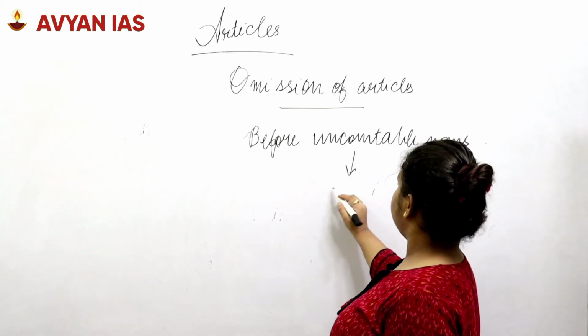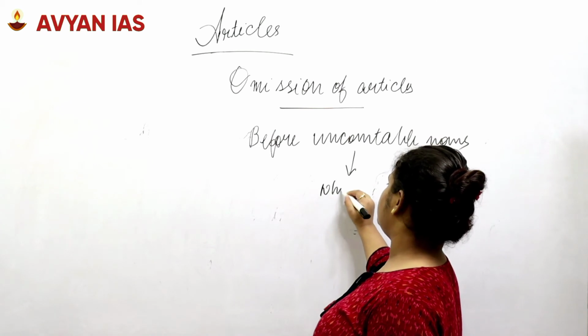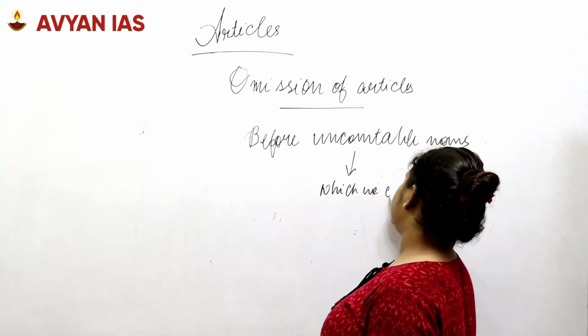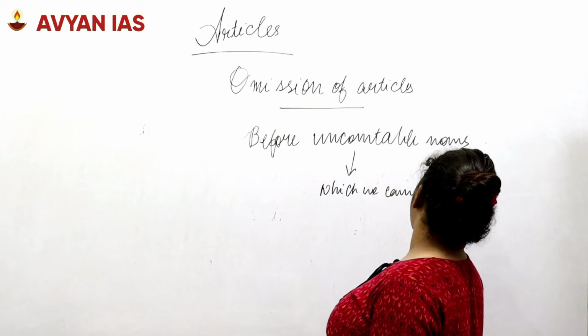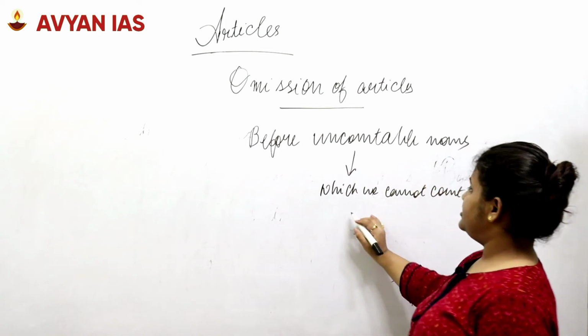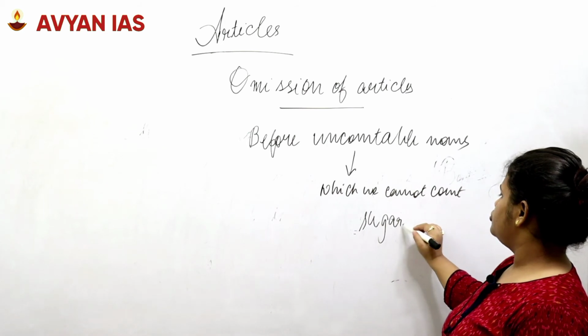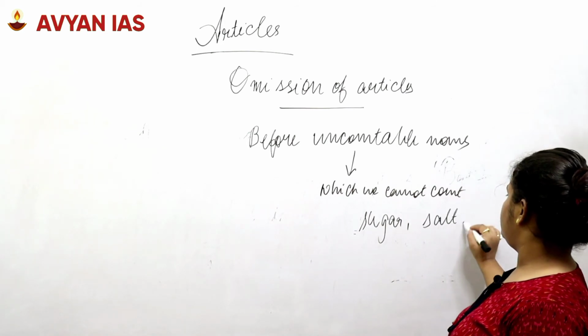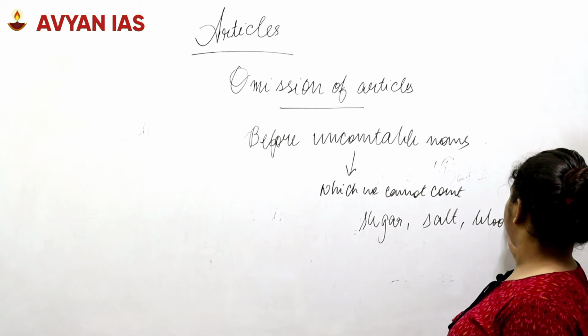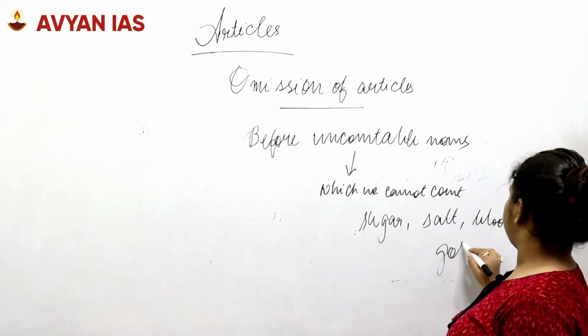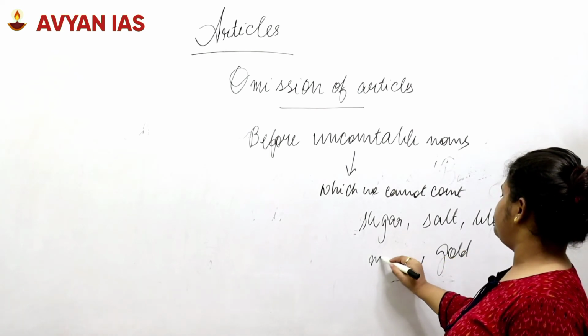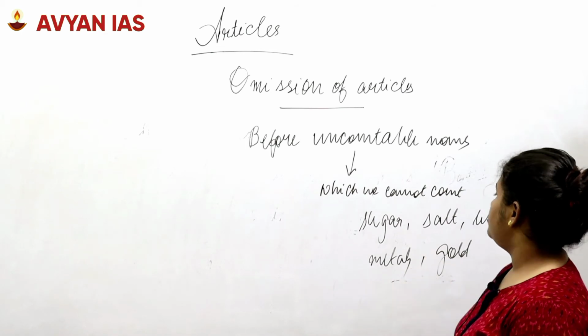Uncountable nouns are the ones which we cannot count. For example, sugar, salt, blood, gold, or any sort of metals that we are talking about.